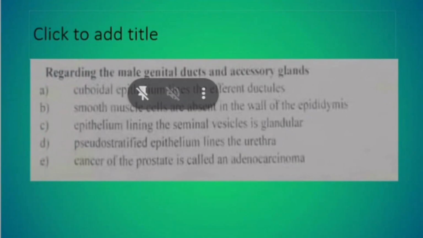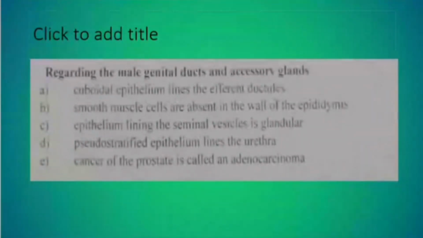So, true. Smooth muscle cells are absent in the walls of the epididymis. False. In the epididymis there are actually two layers: initially a circular layer, and then as you go distally, inner and outer longitudinal layers. The questions being asked are about the type of epithelia lining these organs, so appreciate that diagram I showed you.